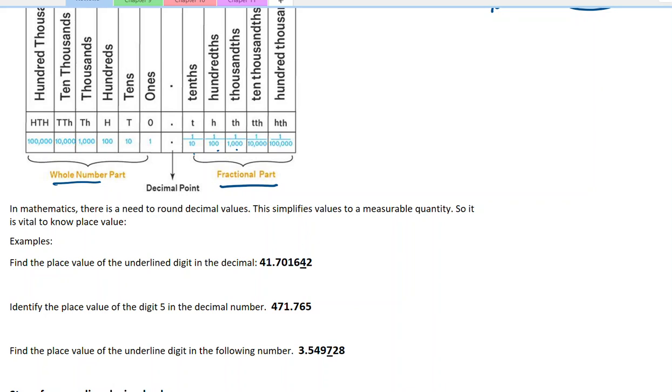They're asking us, what is the 4's place value? Tens, hundreds, thousands, 10,000, 100,000s.